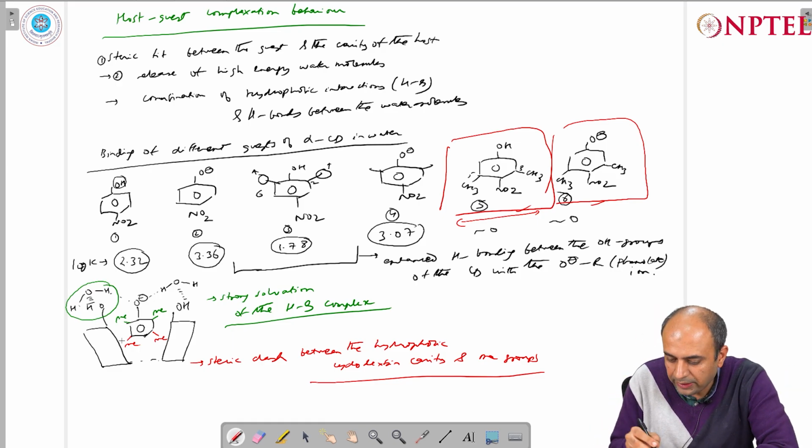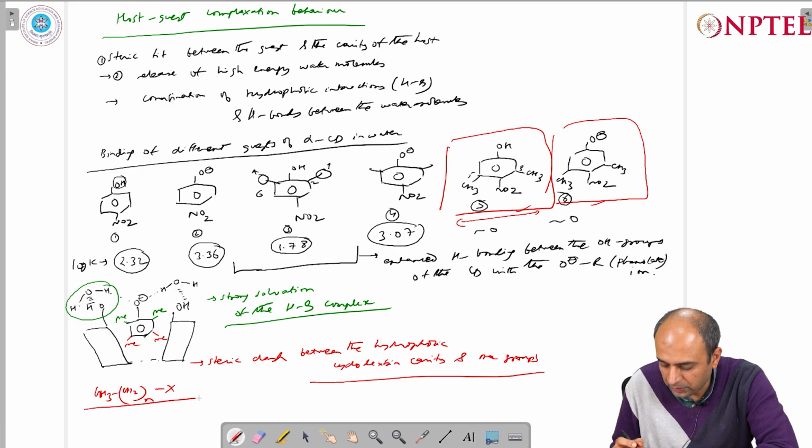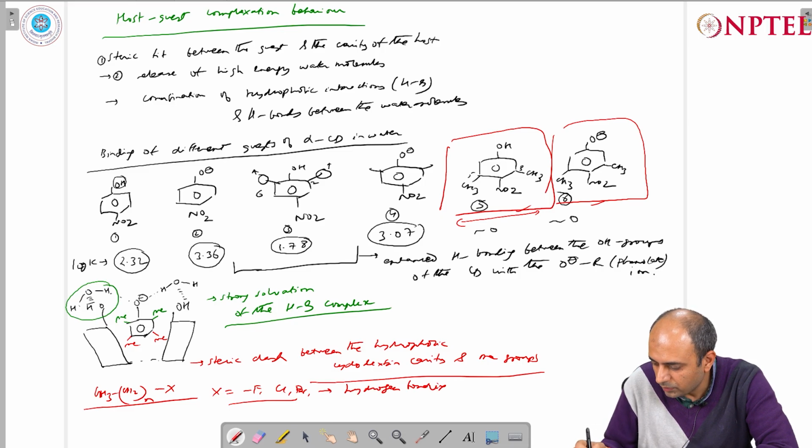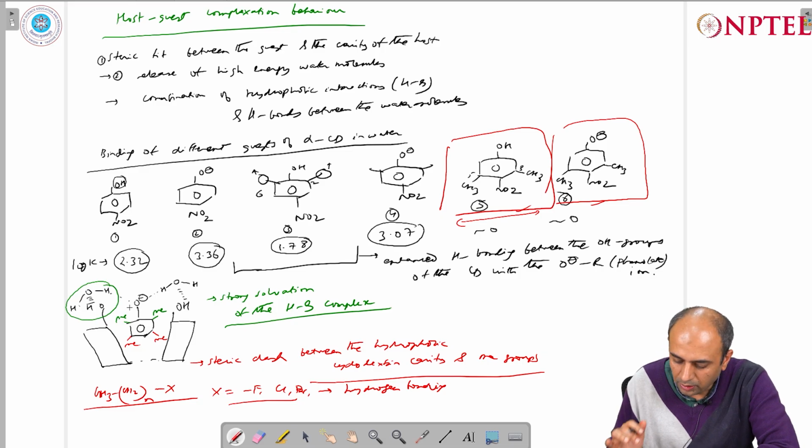And instead of taking these phenolate groups, people have also now taken CH3, CH2 whole n X. You can also take groups where X is equal to fluoro, chloro, bromo, and you can have hydrogen bonding between this X and the exposed water molecules, as well as the secondary hydroxyl groups of the cyclodextrin moiety.